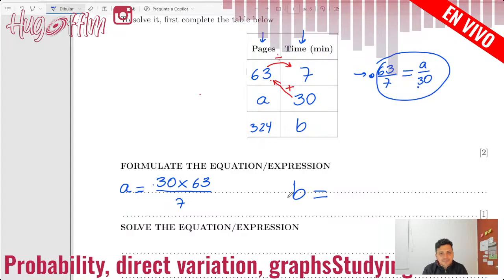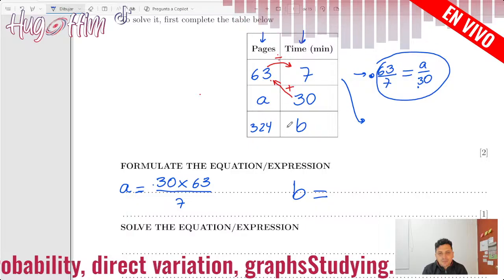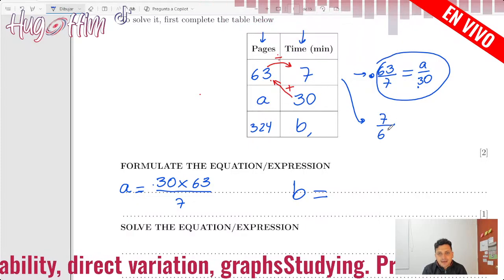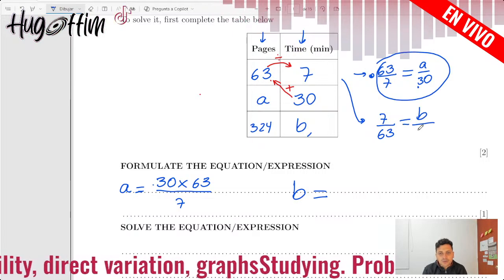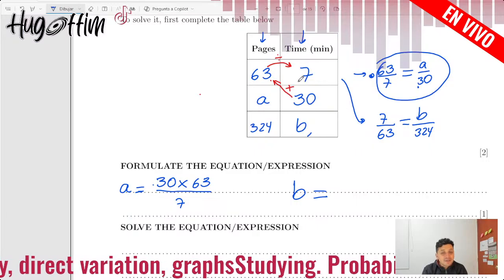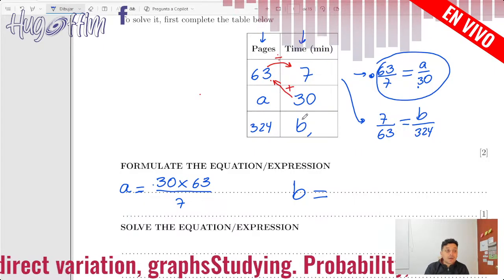And in B, if you think of it this way, B is now in the place of time. So it means that 7 divided by 63 is going to be the same as B over 324, right? Because the ratios are equal. They are equivalent ratios.